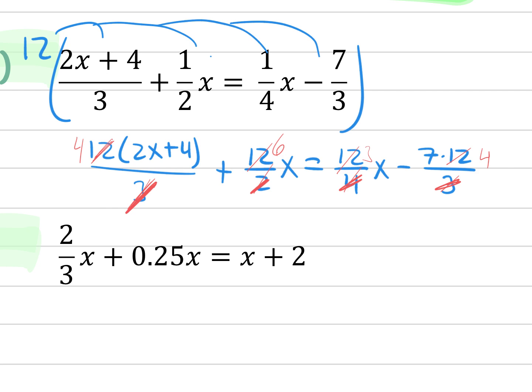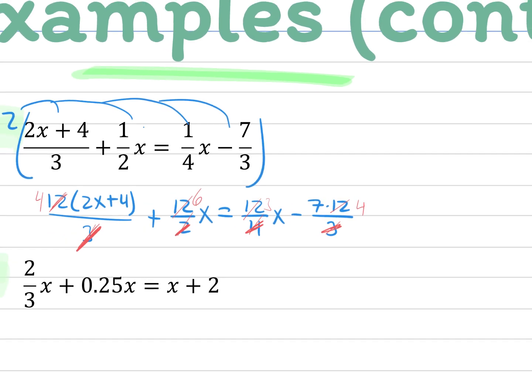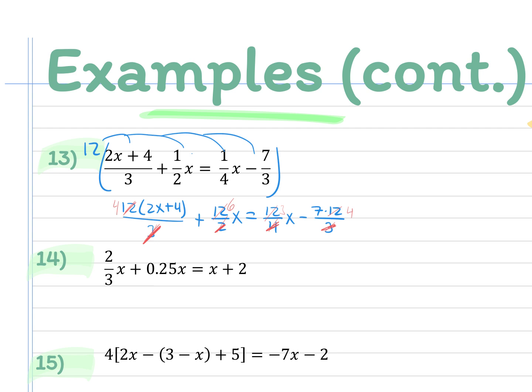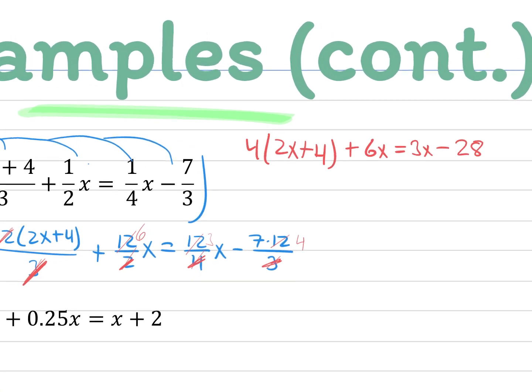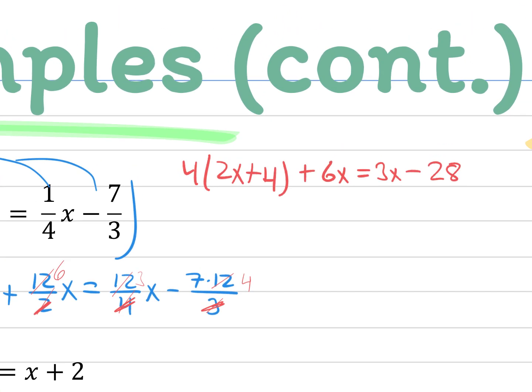So what are we left with now? I'm going to write it up here. We're left with 4 times (2x plus 4) plus 6x equals 3x minus 7 times 4, which is 28. Now we got rid of all of our fractions, and we can just solve as normal.